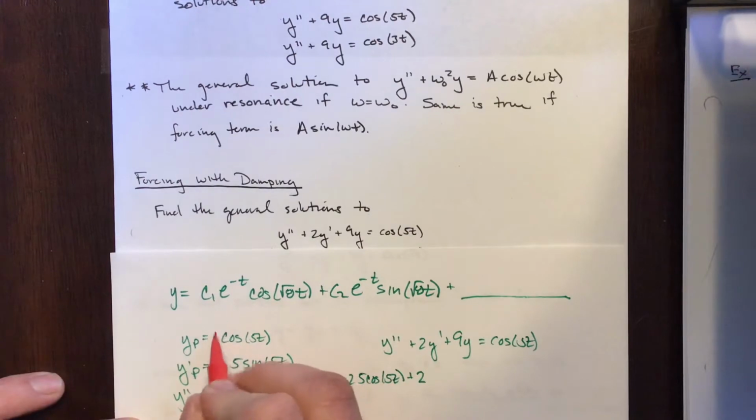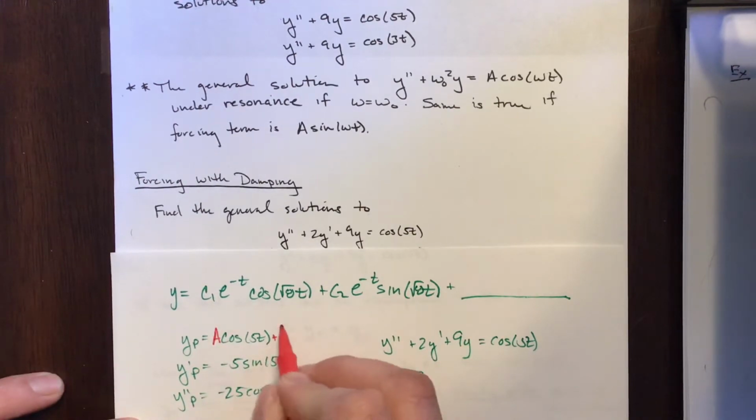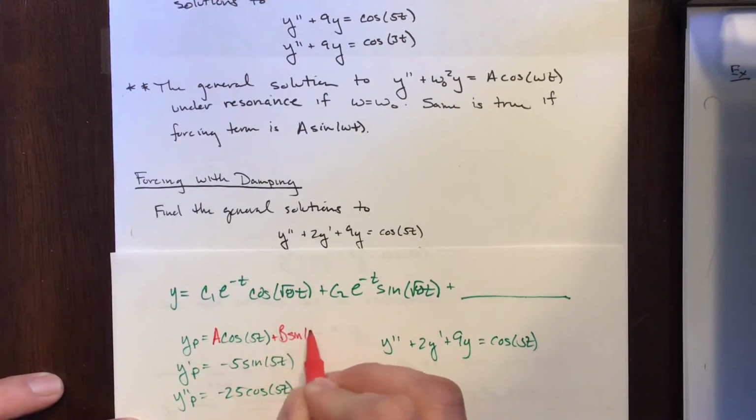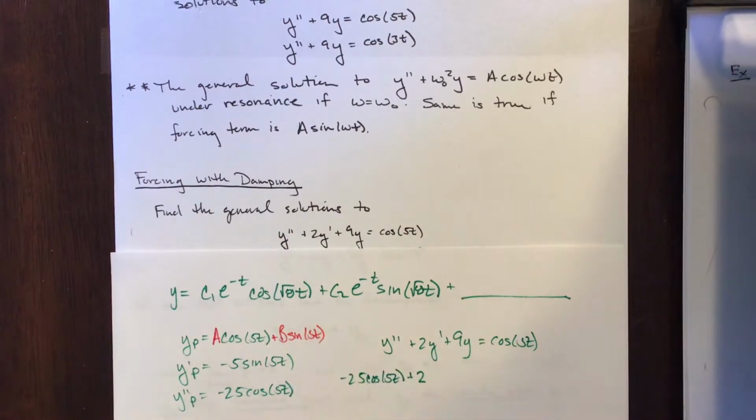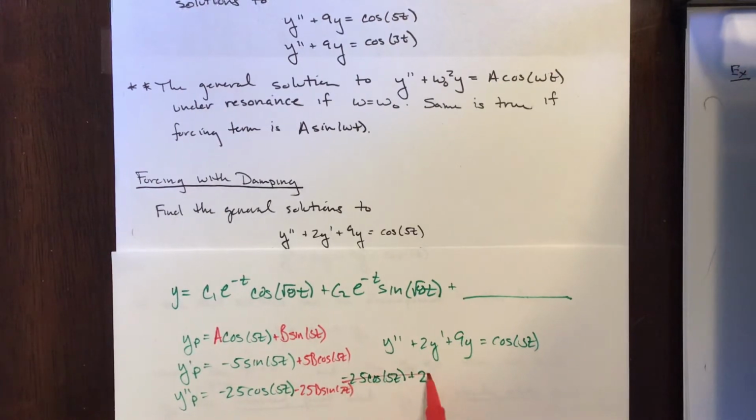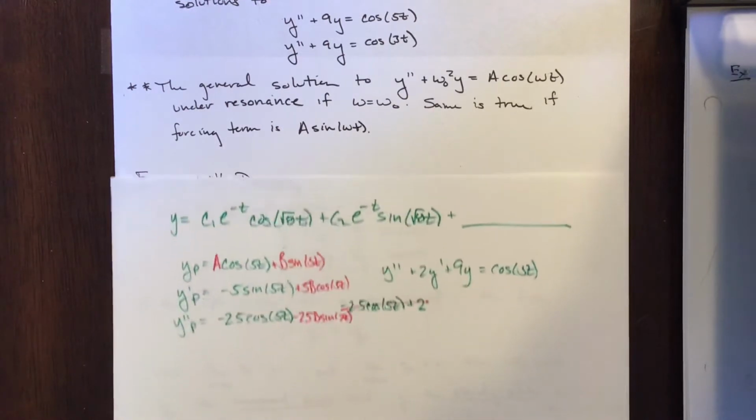We want this to be a cosine 5t plus b sine 5t. All right. So now with that in mind, we get plus 5b cosine 5t, and minus 25b sine 5t. So let's cross that out. Got a little bit ahead of myself.